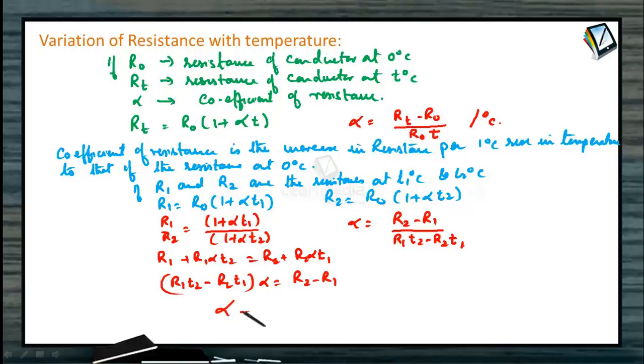So alpha is equal to (R2 minus R1) by (R1 T2 minus R2 T1) per degree centigrade, when two different resistances are given at two different temperatures. Whereas if the resistance is R0 at 0 degree centigrade and RT at T degree centigrade, then alpha will be (RT minus R0) by R0 into T per degree centigrade.